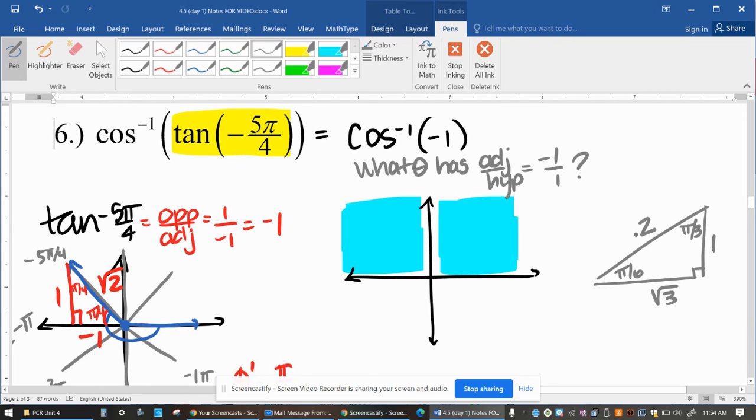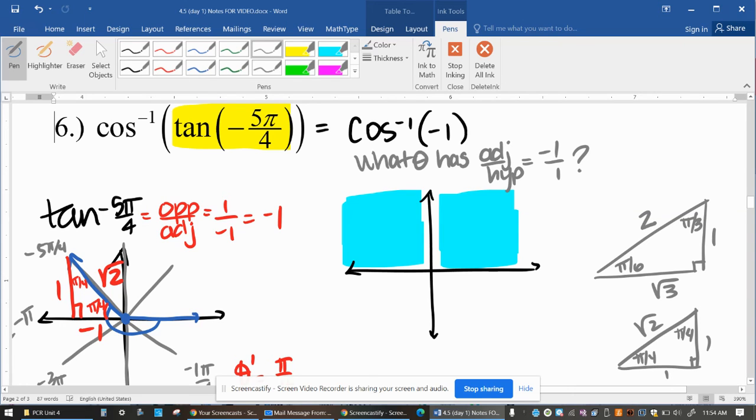Adjacent over hypotenuse for neither pi over 6 nor pi over 3 is going to give me -1 over 1. Nor is pi over 4, the 45, 45, 90 triangle. Adjacent over hypotenuse is not going to give me -1. So that tells me that this is a quadrantal angle.